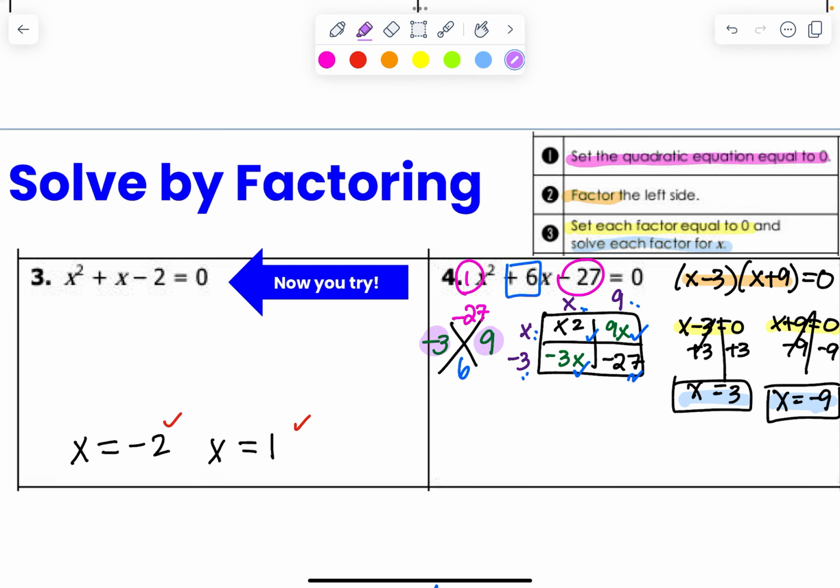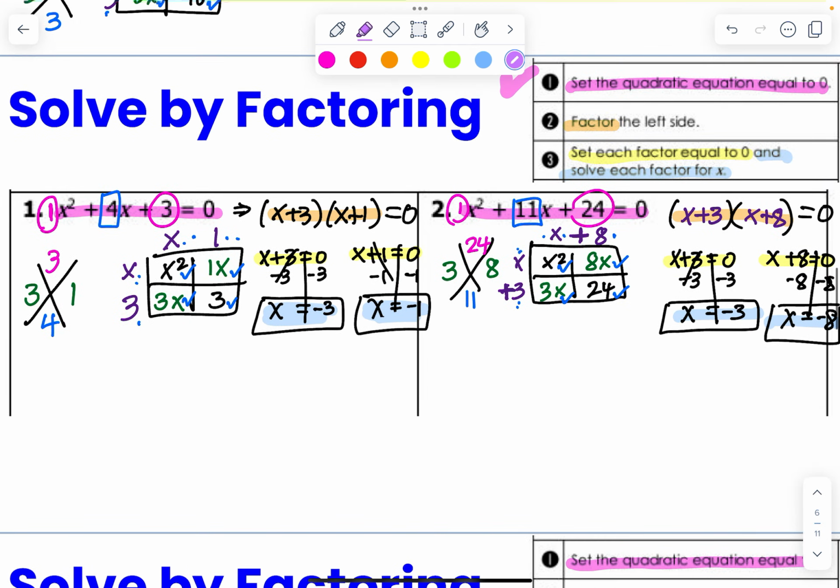Negative 3, 9, negative 3, 9. It was outside of the box, right? 3, 1, 3, 1. Positive 3, positive 8, positive 3, positive 8. They're outside the box. So the X is actually really helpful to make sure you're factoring out the GCF correctly. You should definitely use that as a strategy.